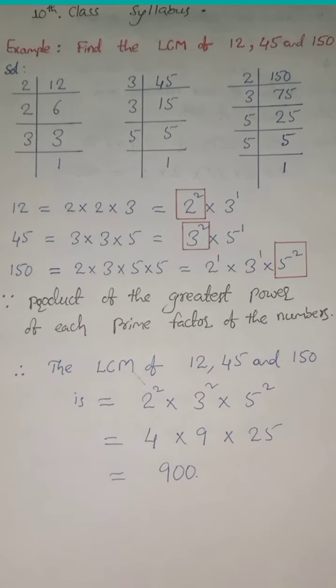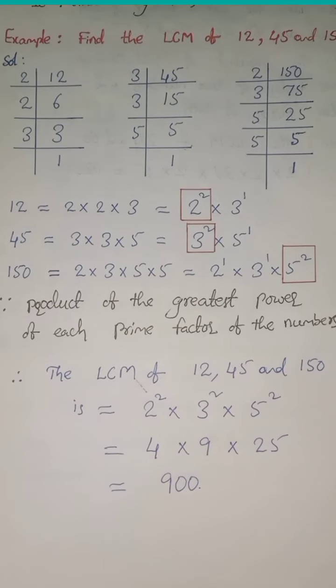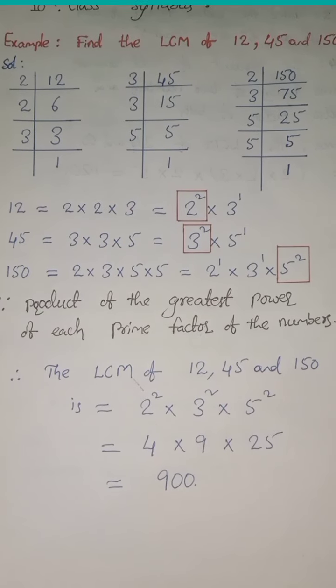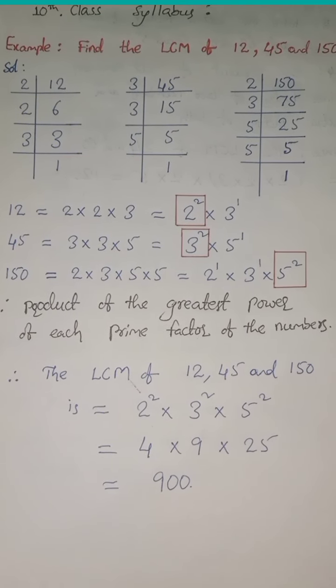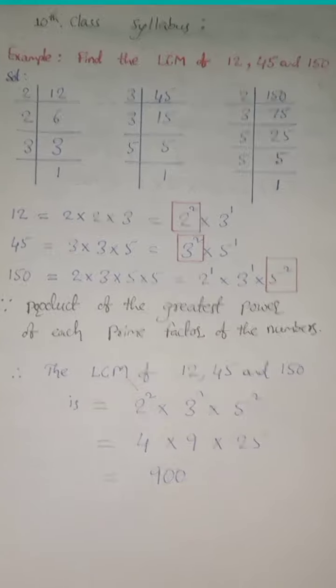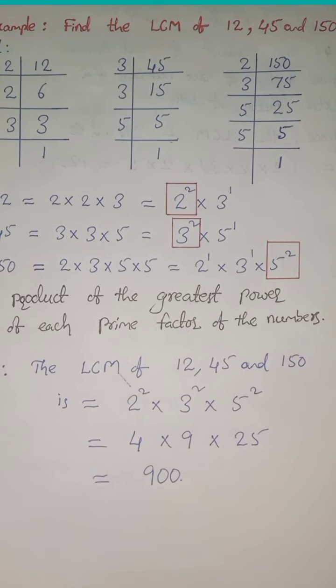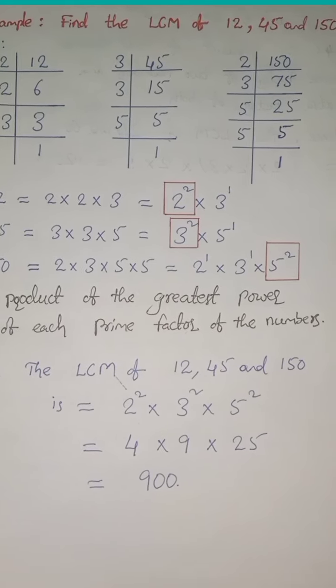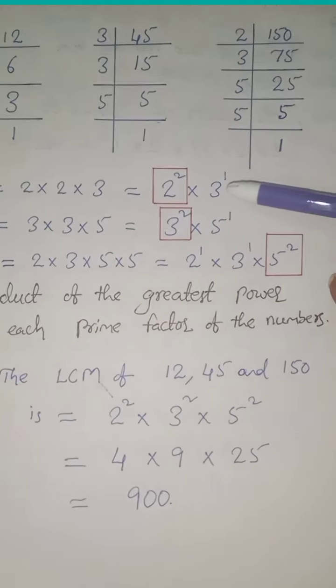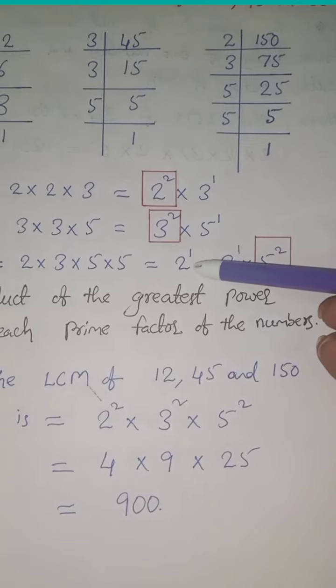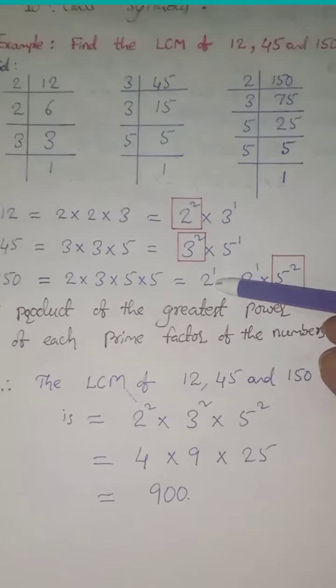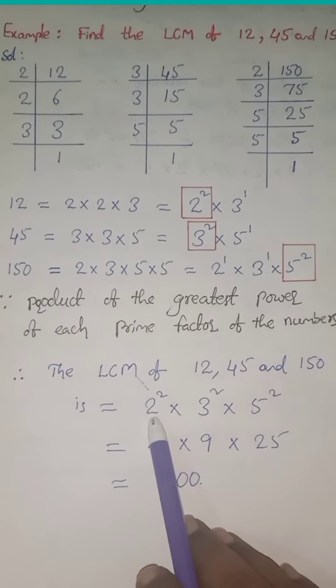Now, the LCM is the product of the greatest power of each prime factor of the numbers. Here we want the LCM of 12, 45 and 150, so we write the greatest powers. For 2, we have 2 square and 2 to the power of 1, so we take 2 to the power of 2 only.